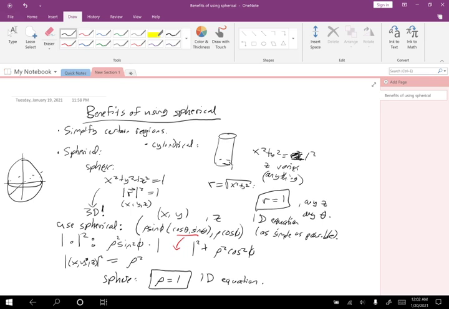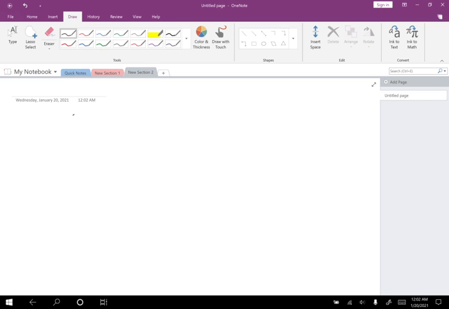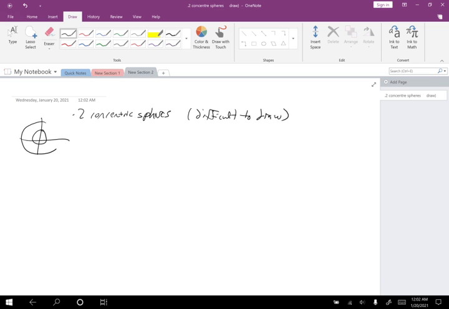And for example, if you have two concentric spheres, I would say it's even difficult to draw. I could try to do a small one like this and a larger one like this, but because it's 3D, I have to somehow indicate it's 3D, and this is just messy. But in a good coordinate system, we can represent these things in a much simpler way.